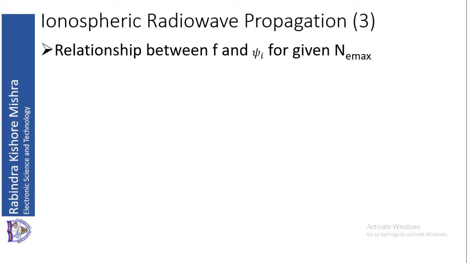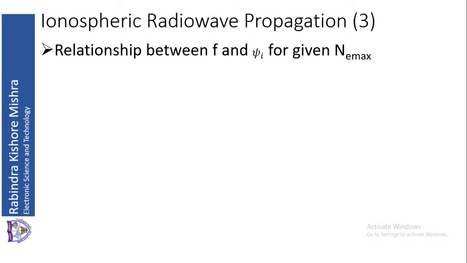If you have a lower Ne for a given frequency, then it will not come back, because epsilon r decreases with omega; this is a requirement. Similarly, for a given maximum Ne, if Ne is fixed, the maximum value of psi i that will result in the ray returning to the earth will increase with frequency.